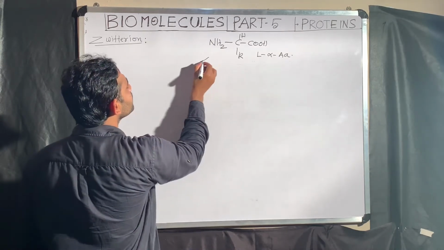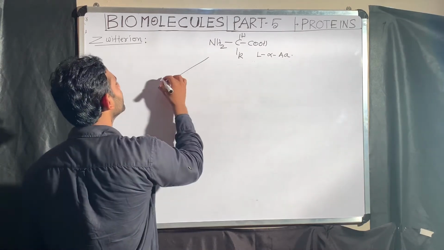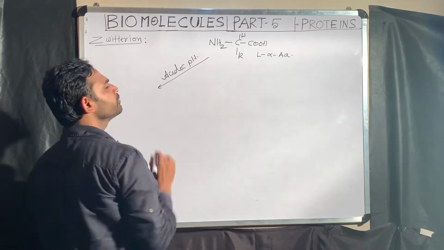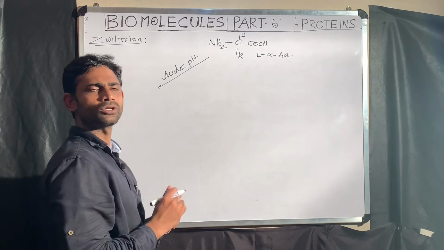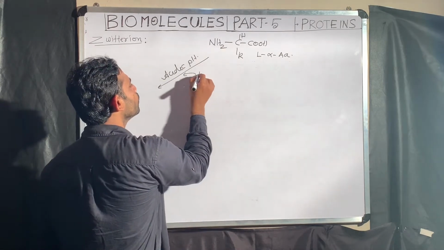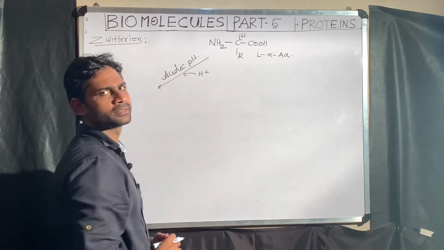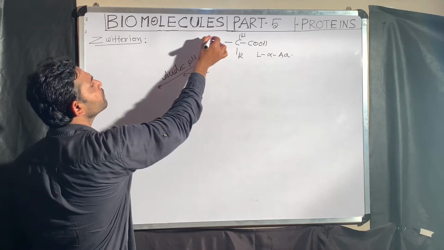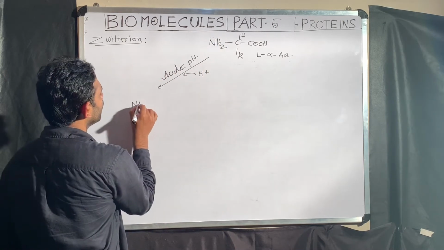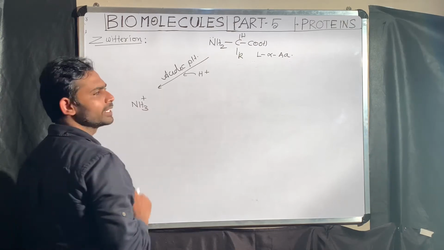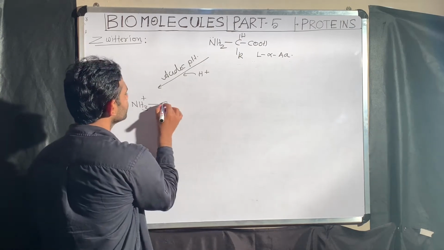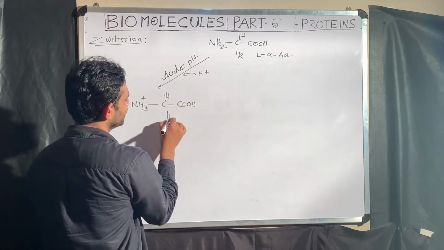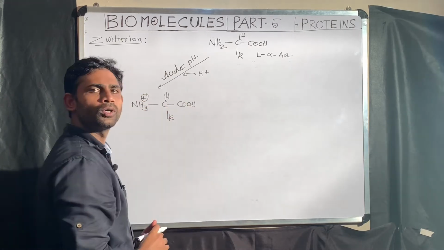For example, this amino acid, if you place it in the acidic pH solvent, when you say acidic pH, it means the solvent consists of more number of protons, H plus ions. In that condition, NH2 by taking one proton, hydrogen, becomes NH3 plus. Okay. The remaining COOH group remains the same, H and R. This is a positively charged molecule.